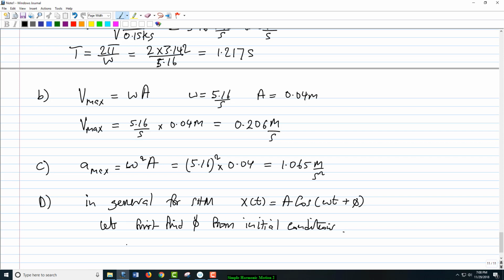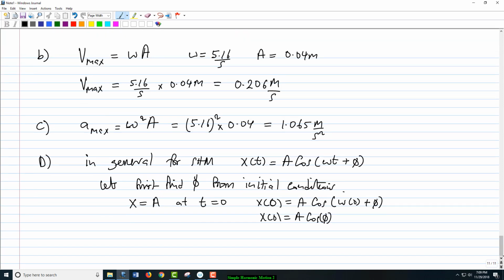The initial conditions are that the maximum displacement x is equal to A at an initial time t equals 0, since it starts from rest, and we set the time t equals 0. So from that, x of 0 is equal to A cosine omega times 0 plus phi. So x of 0 is equal to A cosine phi.